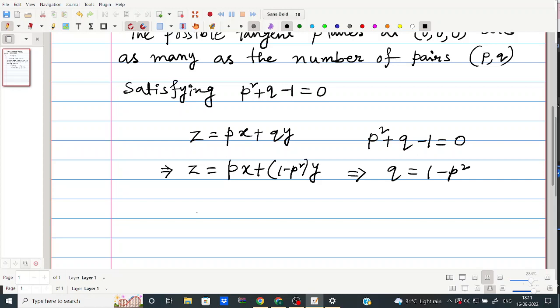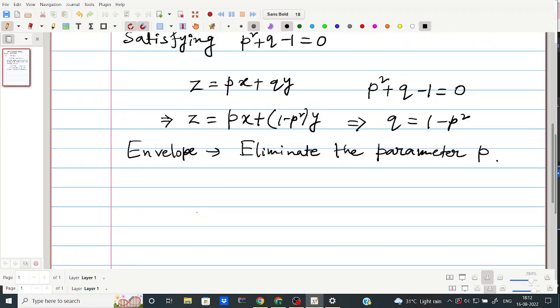Now I will eliminate this parameter p. How can I eliminate it? I differentiate this equation, let me call it star, with respect to the parameter, and then I will eliminate the parameter p.